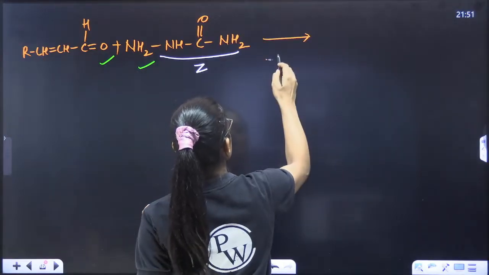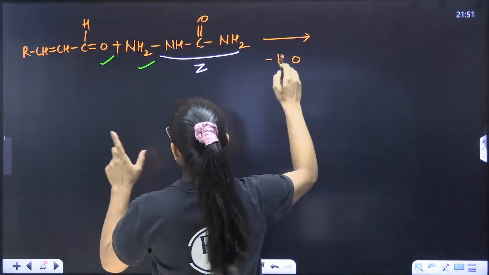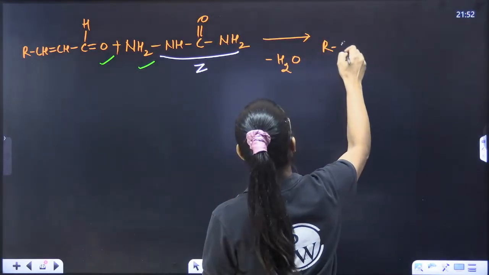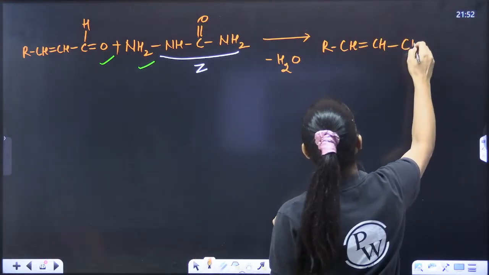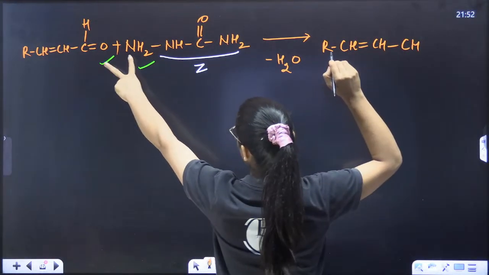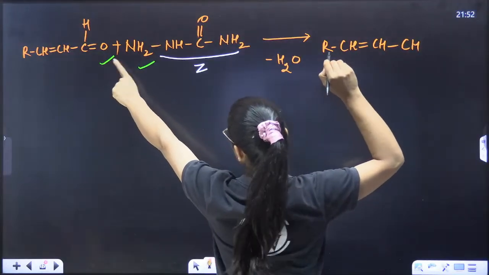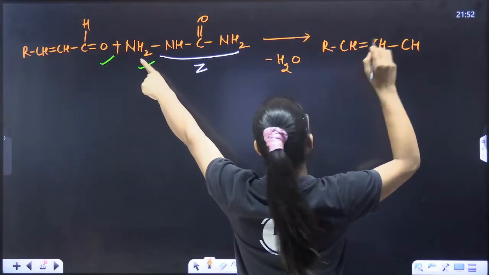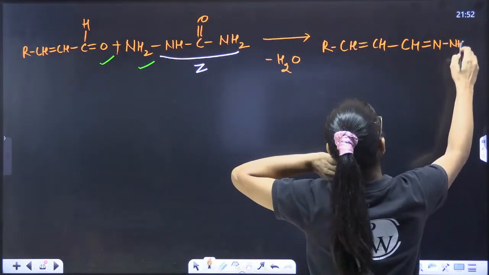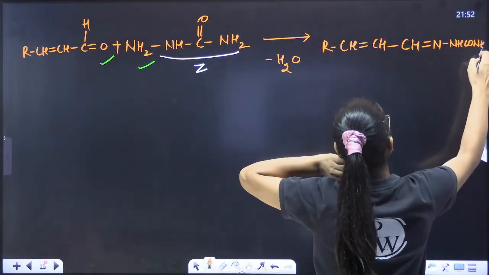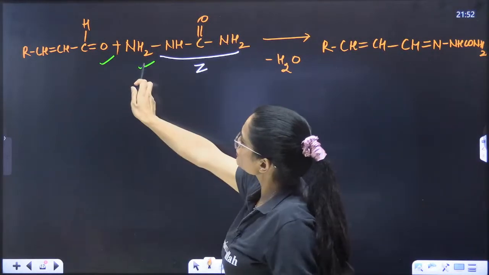H2O will be removed, and what you'll get here is RCH double bond CH, single bond CH. This will link with a double bond. H2 you have removed from here, so double bond N, single bond NH, CONH2. You have to remove H2 from here, not from here.